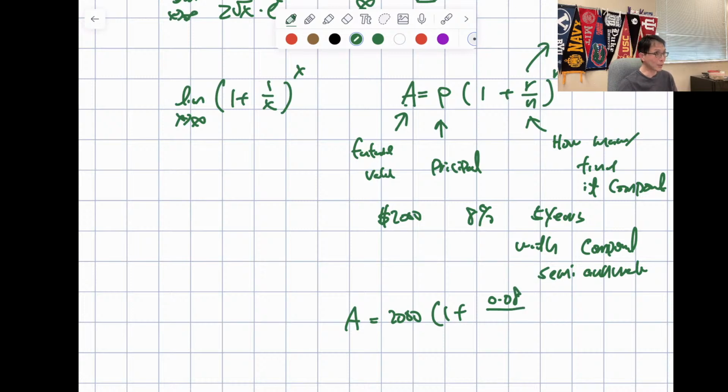Semi-annually means n is what? Not half, but 2, because 2 times a year. So 2 times 5, and if you type it in the calculator, it should give you the value at 5 years. That will be the evaluation.